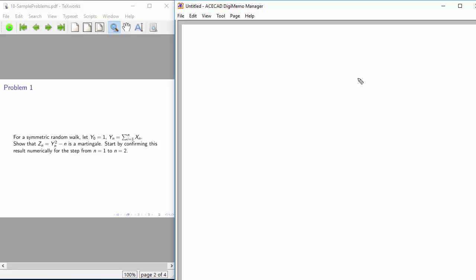So let's draw a diagram for this. You start at y equals 2, and in n equals 1, you can either go up to y equals 3 or down to y equals 1, but you go up with a probability of 1/3, down with a probability of 2/3.